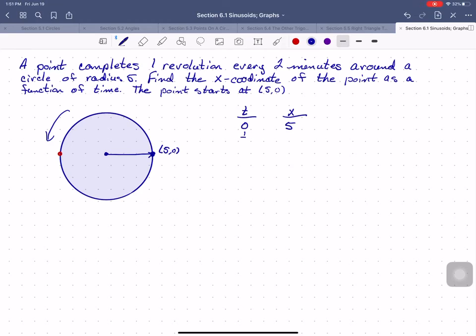30 seconds, 1/2 of a minute. Not a quarter of a minute, 1/2 of a minute. That gets me to here. So this is t equals 1/2. Well, now if I put my axes in, my x-coordinate is 0.